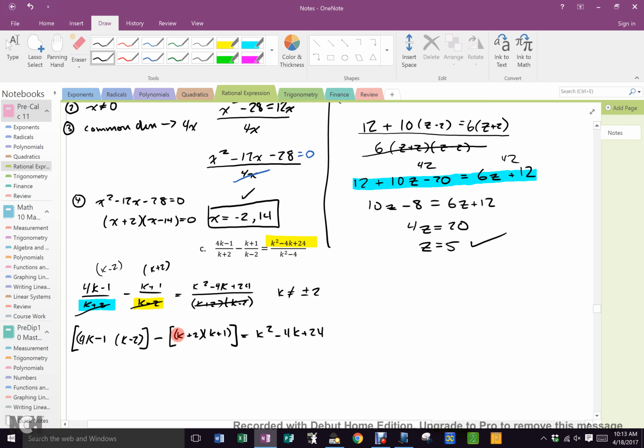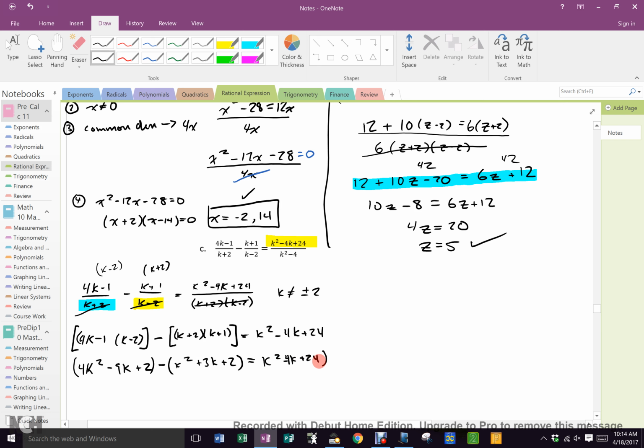What do you get? 4k squared minus 8k minus 1k is minus 9k plus 2. Yes? Any problems with that? Grade 10 FOIL, we're all good. Minus, grade 10 FOIL, k squared, 2 plus 1, 3k plus 2 equals k squared minus 4k plus 24.